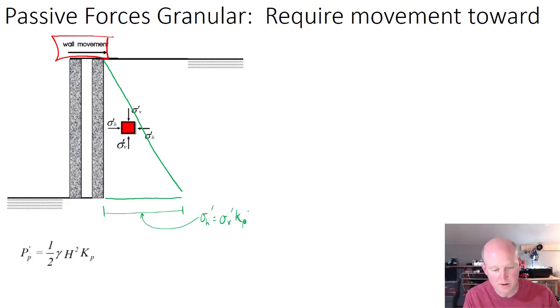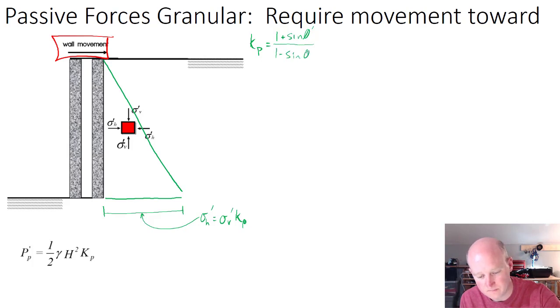This time we're going to multiply it by K passive, and K passive is this equation. This is all going to come together in a slide later.